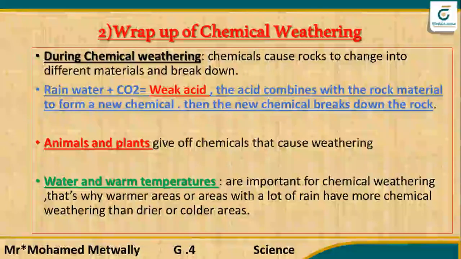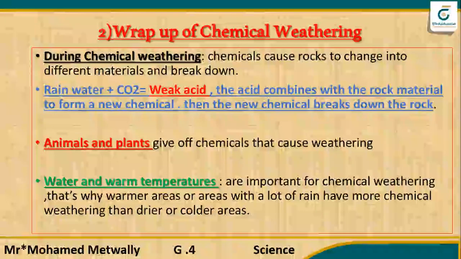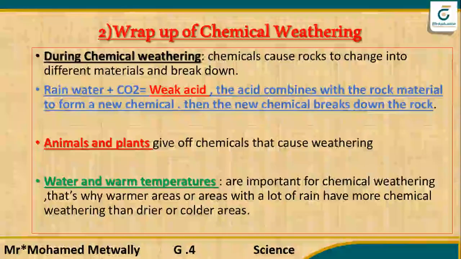Here, for example, when the rainwater mixes with carbon dioxide, you know that carbon dioxide is one kind of the air gases. So carbon dioxide is a gas. When it mixes with rainwater, it gives us weak acid.